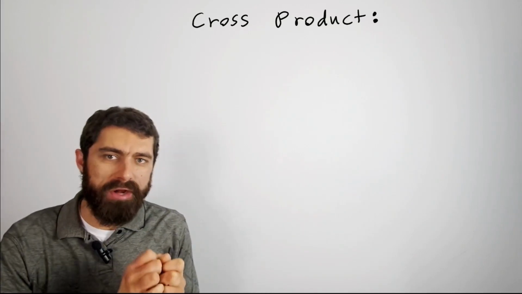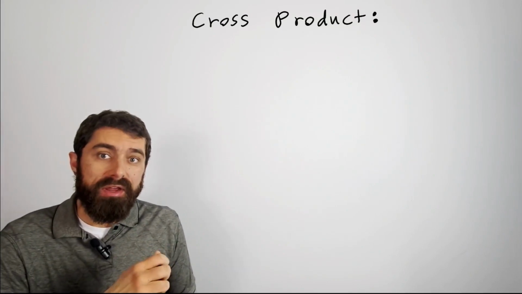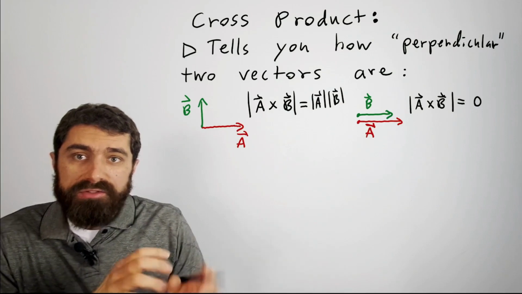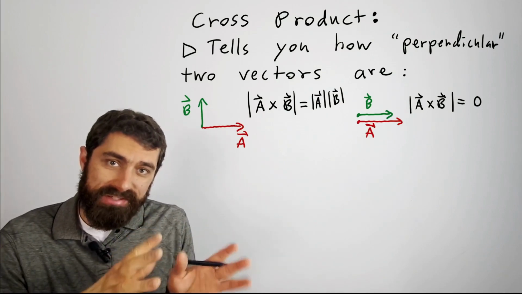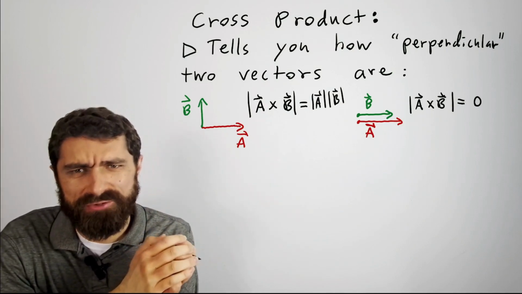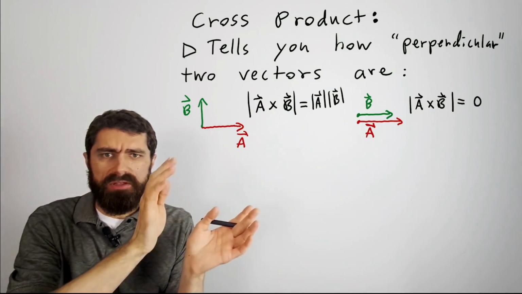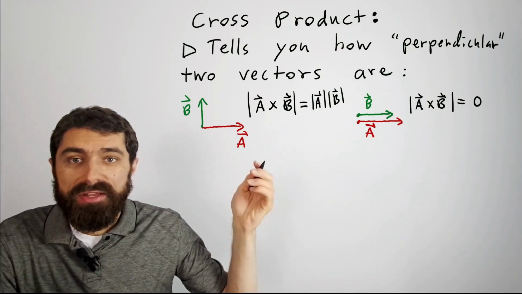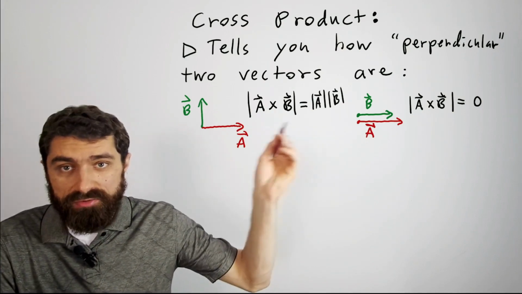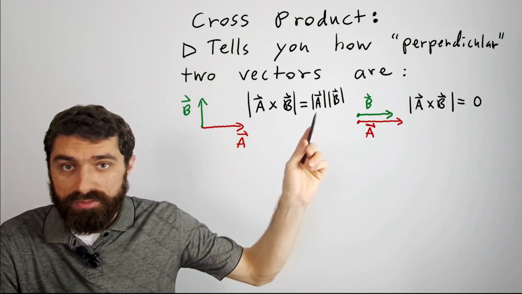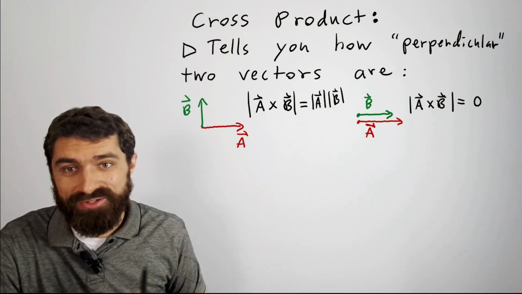The cross product is another really important vector operator in this course. Basically, what the cross product tells you is how perpendicular two vectors are. If you have two vectors A and B and they're perfectly perpendicular, then the magnitude of A cross B is just the product of their individual magnitudes.